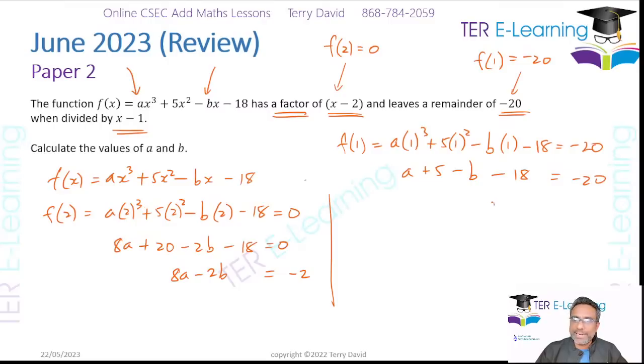So we can say that a minus b is equal to minus 20 plus 18 minus 5. You're going to get minus 7. Hopefully I have no errors there.